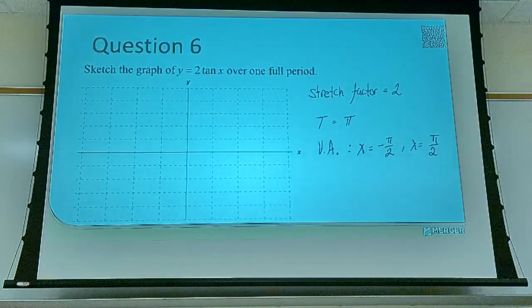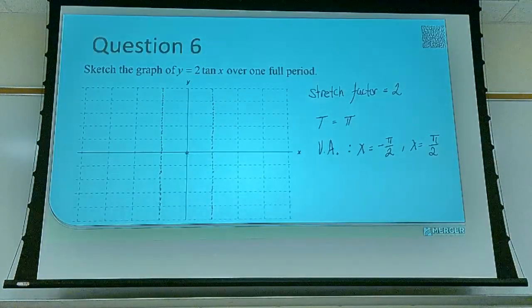The 2 endpoints would be our asymptotes. Remember, it's every odd multiple of pi over 2 for tangent that is an asymptote. There we go.